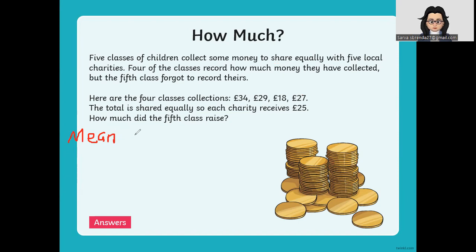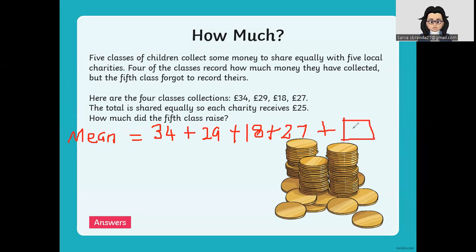First, start with the mean. To find the mean, you need to add the values, right? So 34 plus 29 plus 18 plus 27. And remember, we have a fifth class, right? So put a square and put an unknown. Unknown is usually any alphabet, so A, B, C, D, whatever.